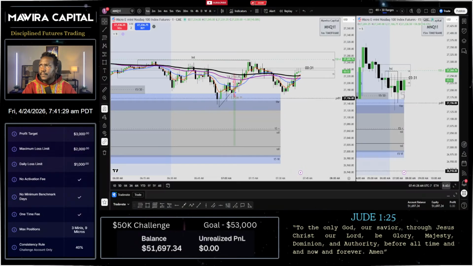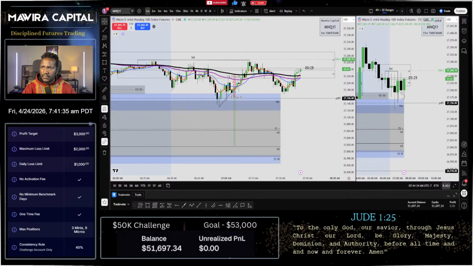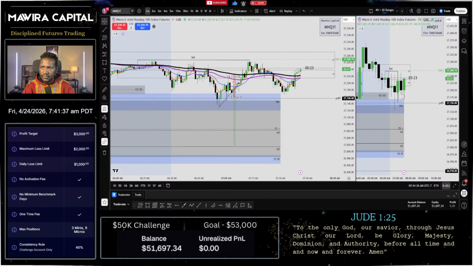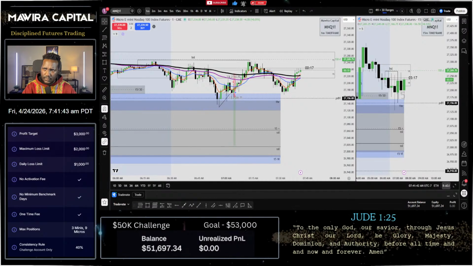Also here, the watch price. Not yet fully vetted.